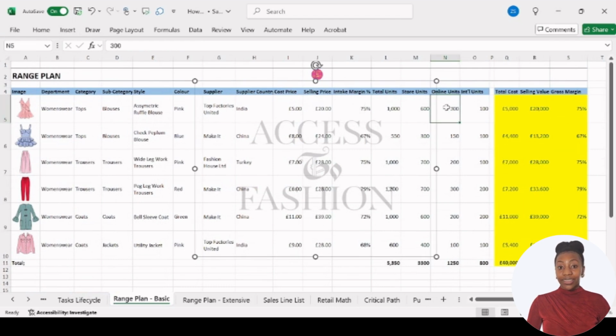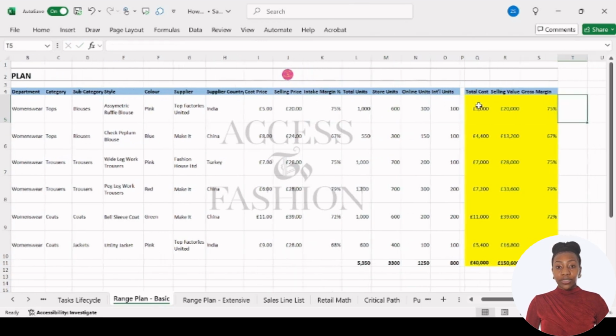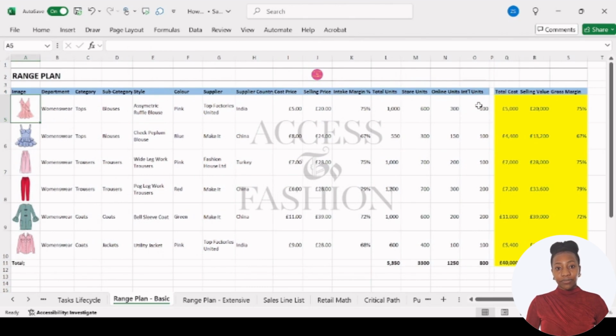If you were to look at this cell here, sorry, just going in. Yeah, and so we can see here we've got your intake margin there as opposed to your gross margin there. They are the same at this point in time, because let's say you're at the beginning of the season, it will be the same because we would assume that we have sold at this selling price of £20.